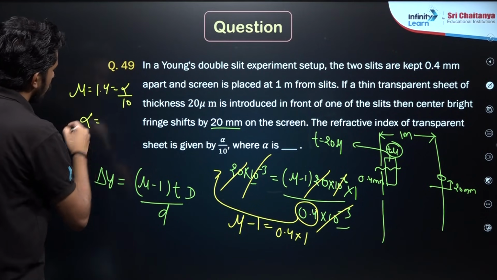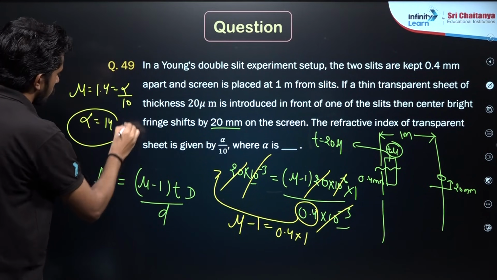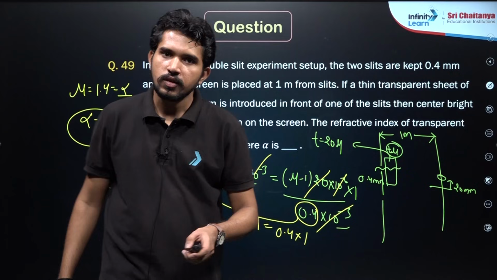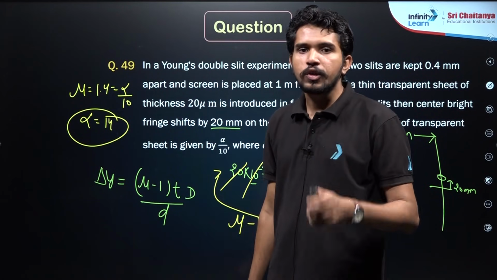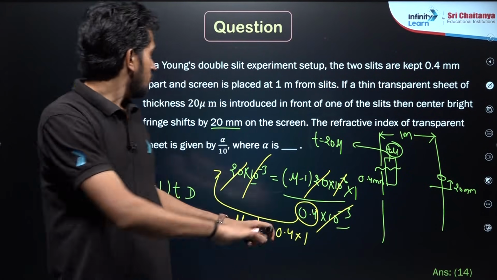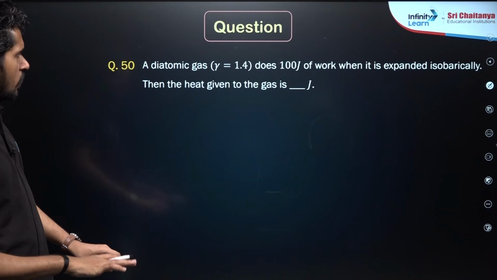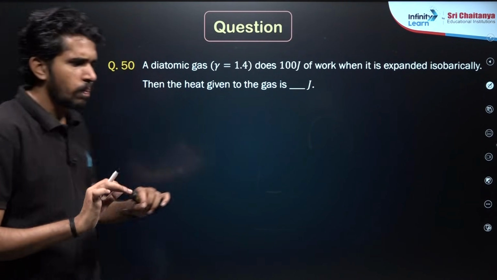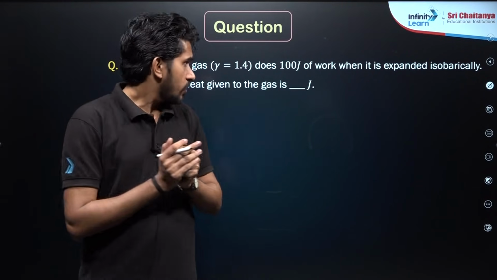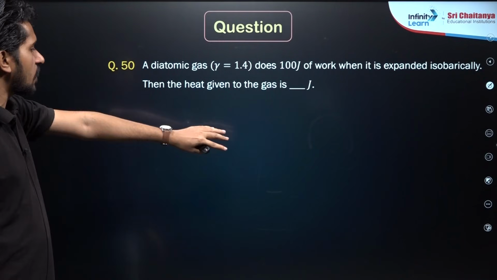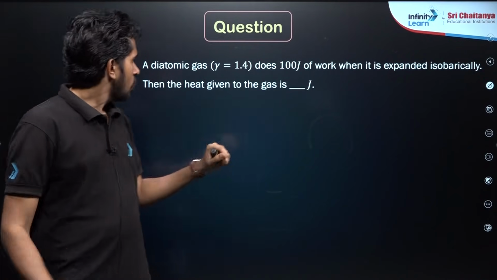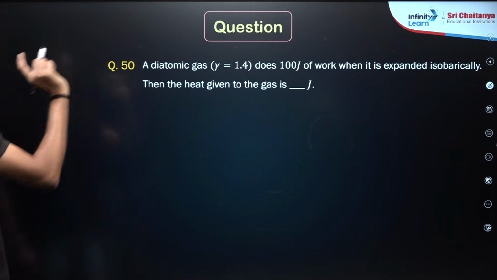So alpha value is 14. Answer is 14. Simple. See, in this shift we have the simple or moderate ones. Difficult questions are not there in this shift. So now let's see question number 50.